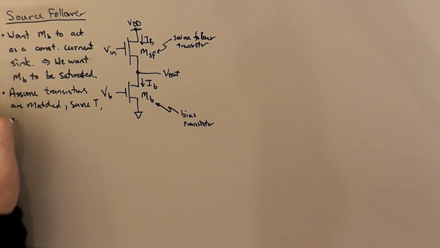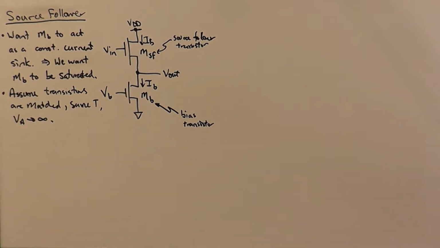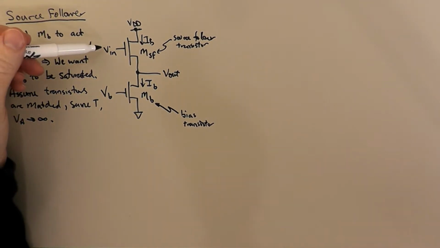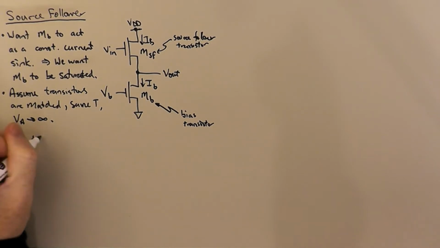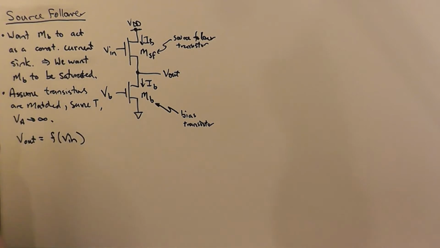And we're going to assume that VA goes to infinity, so negligible Early effect. And we'd like to get a handle on what is the relationship between Vout and Vin. And we'd like to sketch those transfer characteristics.